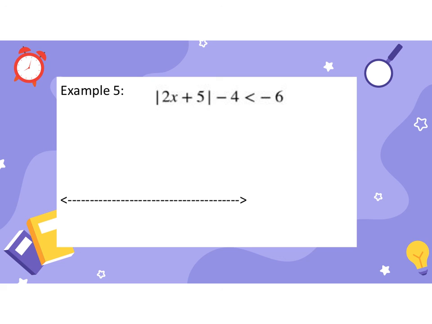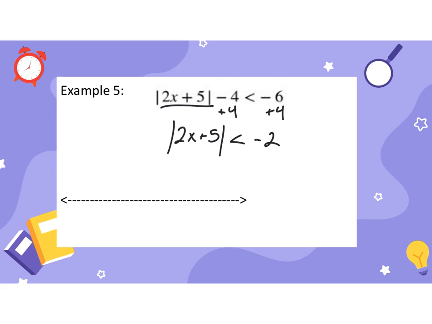Okay, let's try it. So, to get this by itself, got to get rid of this 4. Absolute value of 2x plus 5 is going to be less than negative 6 plus 4. Negative 2. Can the absolute value of anything be less than negative 2?